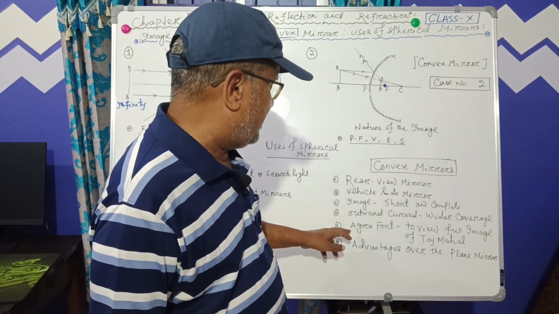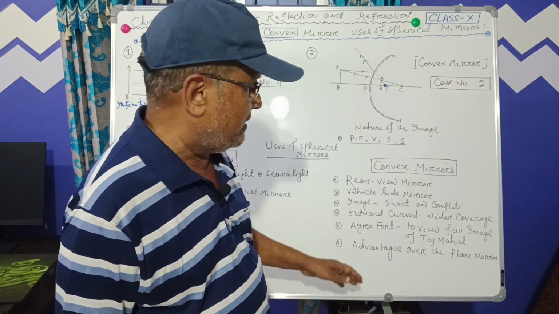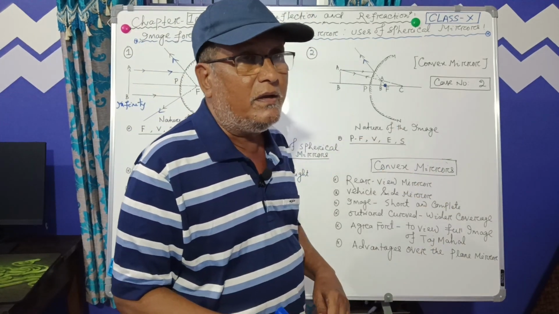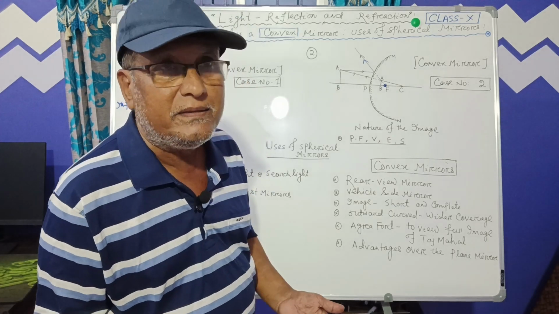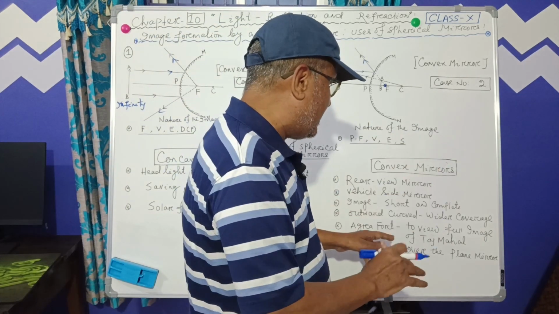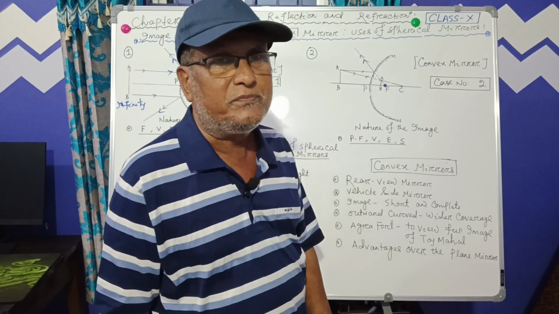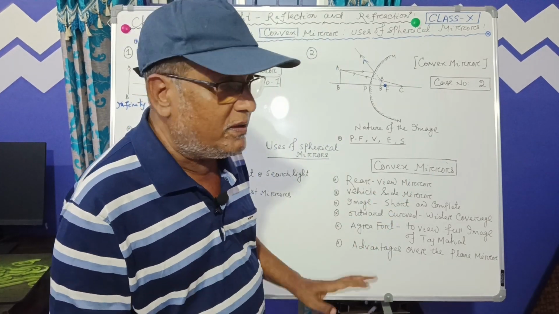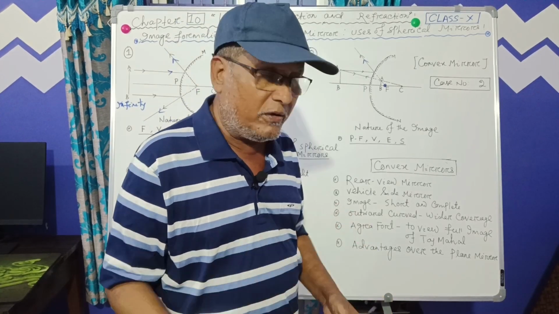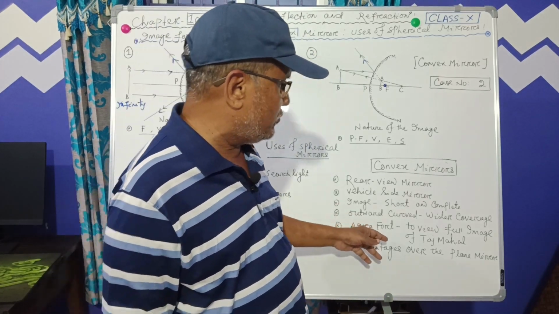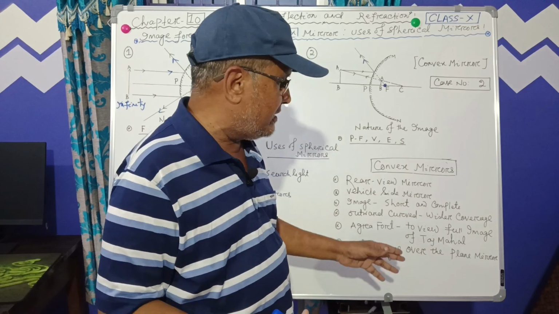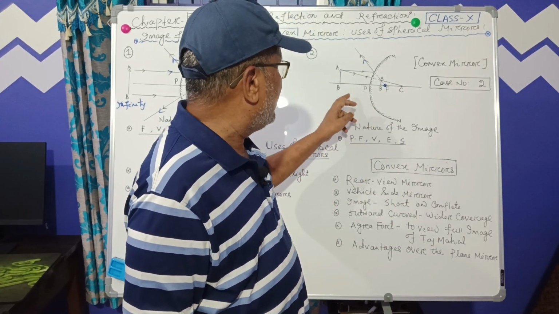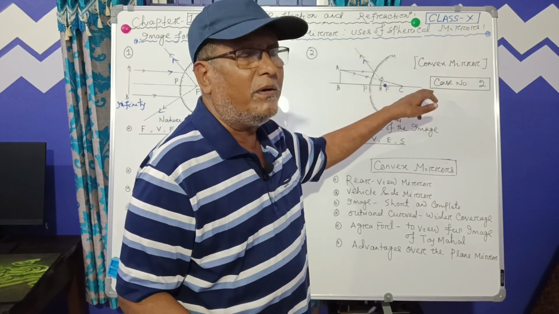At Agra Fort, in the wall, a large convex mirror has been fitted. Why? It is projected towards the Taj Mahal. Looking at the mirror, the viewers, the tourists, the visitors, they could see the complete image of the Taj Mahal due to the principle of image formation in case number 2.